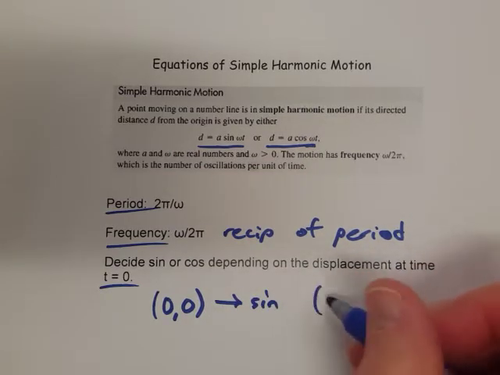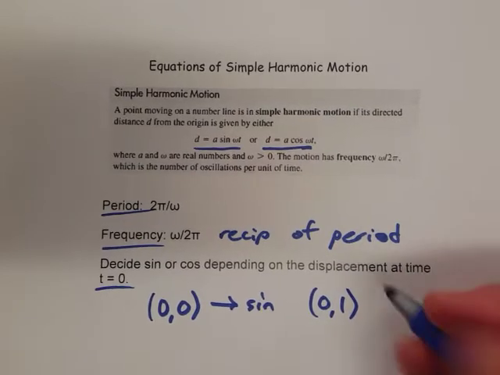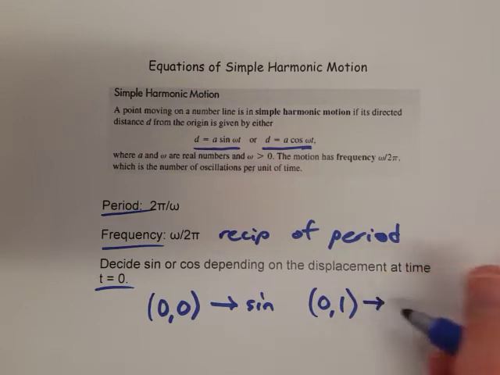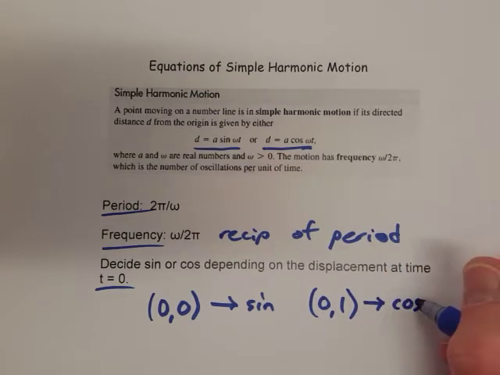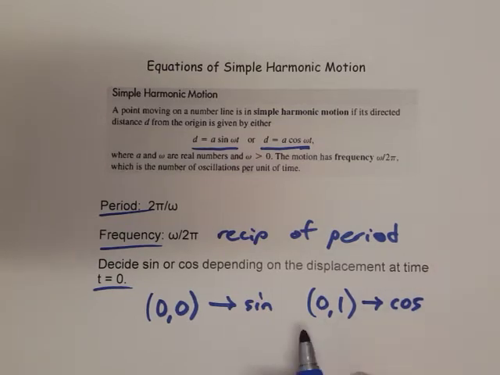And if we're doing something with (0, 1), or maybe (0, maximum), it doesn't necessarily have to be 1, then we're probably talking about cosine. In a lot of cases, the harmonic motion graphs will tend to be cosine because we have to get them started in some spot. We'll see that here in a second.